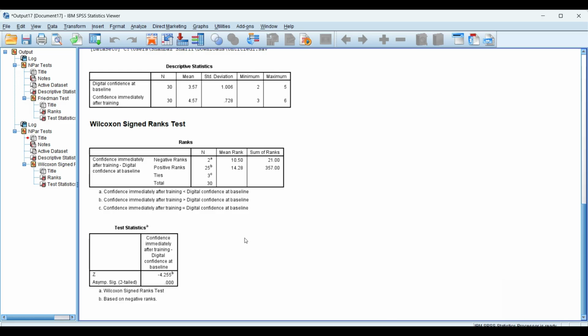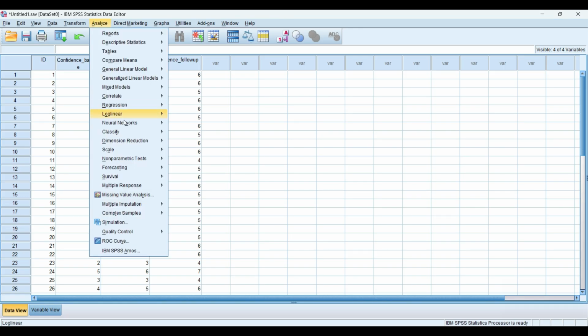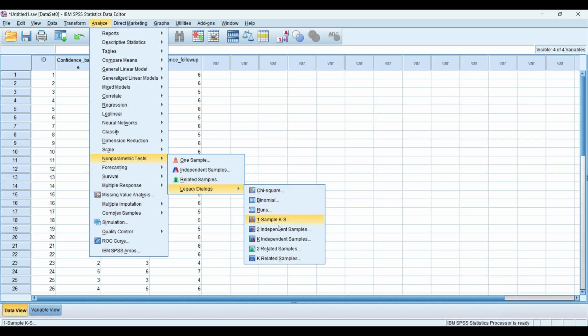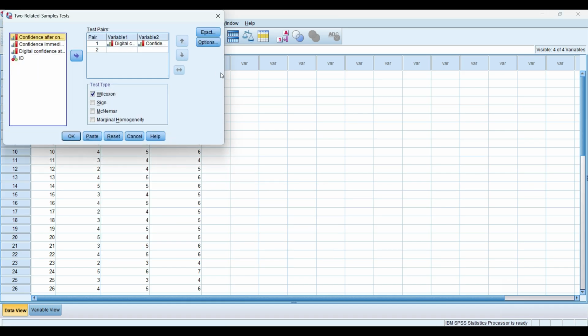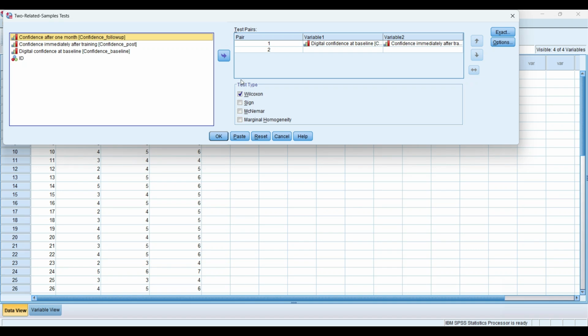So now we check the next post-hoc test. We will go to analyze and then click on legacy dialog, related samples. So first we compared baseline to immediately after training.